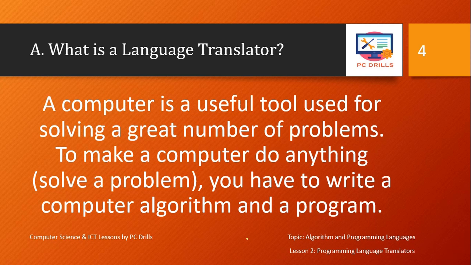That is exactly the same way it works with language translators. You write something the computer cannot understand, and for it to understand what you have written, it needs a particular tool that will translate it into the way that the computer can understand. That is the basic idea behind language translators.